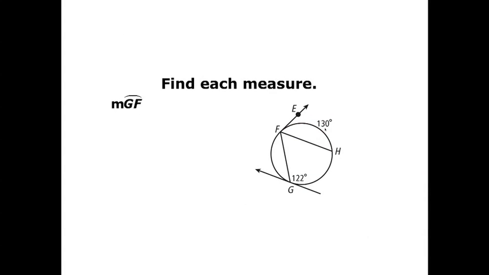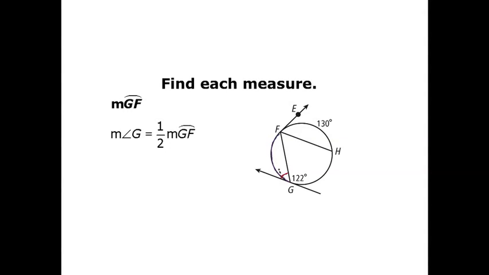Now I want to find the measure of arc GF. So arc GF, I'm talking about going all the way around here, like so. In doing that, what I'm going to first do is realize that the measure of angle G, I want to mark angle G here because I see there are two angles at G. So this is the angle I'm talking about, the red one here. The measure of angle G is going to be half of the arc GF.